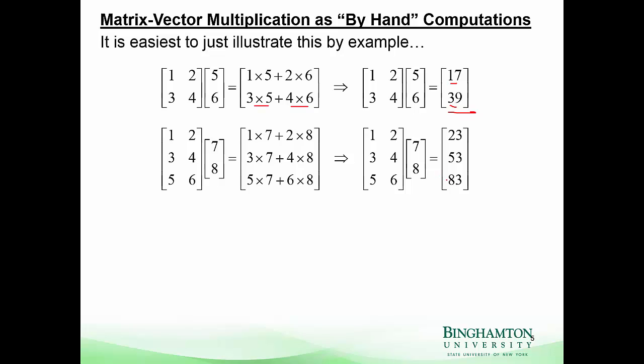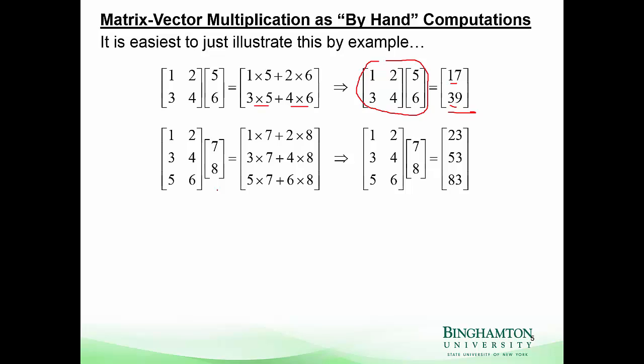So you need to get to the point where you can just look at something laid out like this, and you'll know instantly, A, it works, and B, what dimension you get. It's extremely important to be able to do that. Here we've got a 3 by 2, 3 rows, 2 columns, and we've got a 2 by 1.